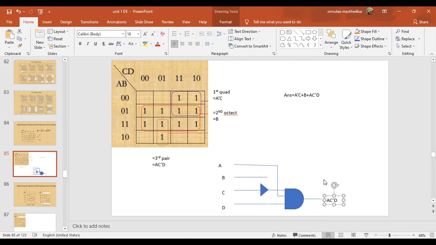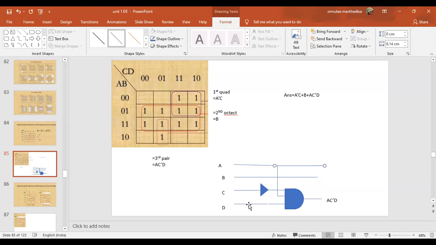Next I'm having B. B I'm getting directly, so I will just take it here and pull it. And then I'm getting A bar C. So again I will put a NOT gate here. I will bring the extension of this. So this comes as A, because we need a NOT gate, and I need an extension again here.